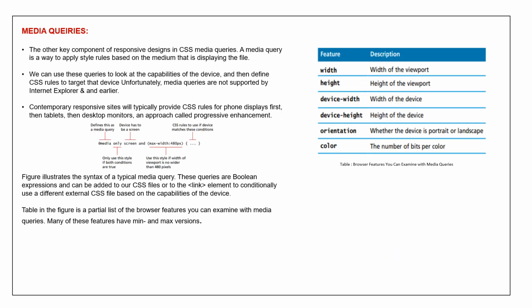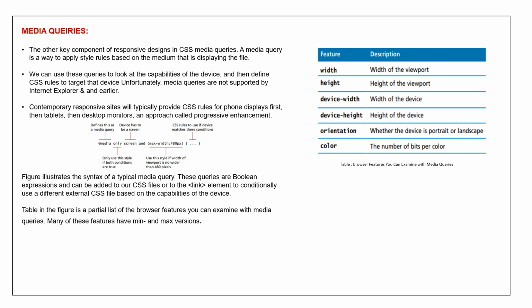The other key component of responsive design is CSS media queries. A media query is a way to apply style rules based on the medium that is displaying the file. We can use these queries to look at the capabilities of the device and then define the CSS rules to target the device. Unfortunately, media queries are not supported by Internet Explorer 8 and earlier.